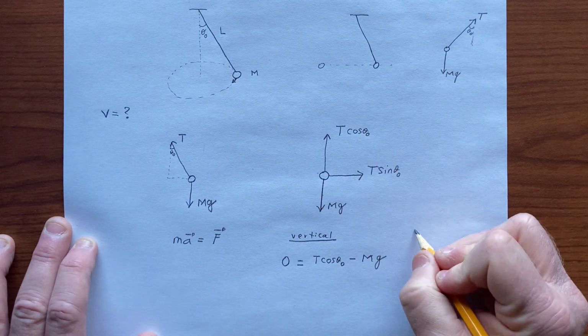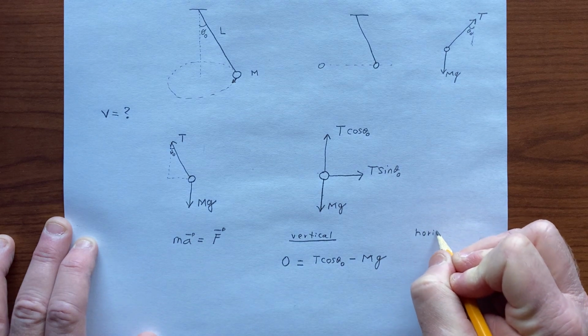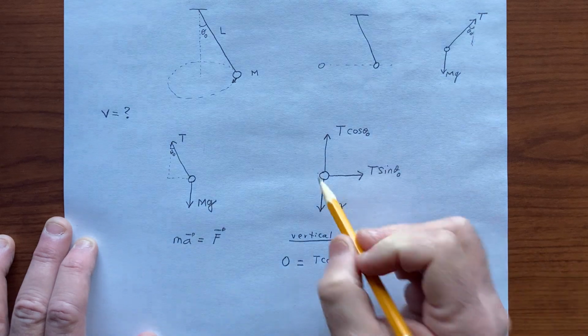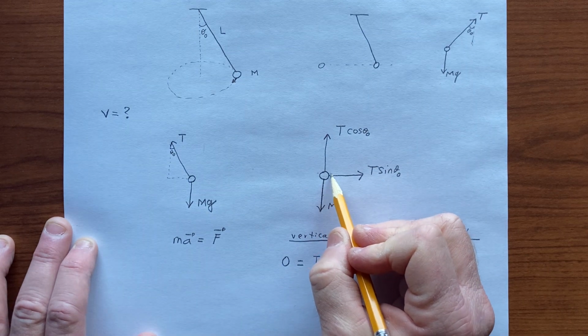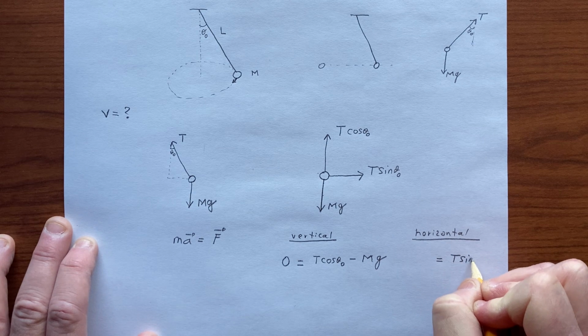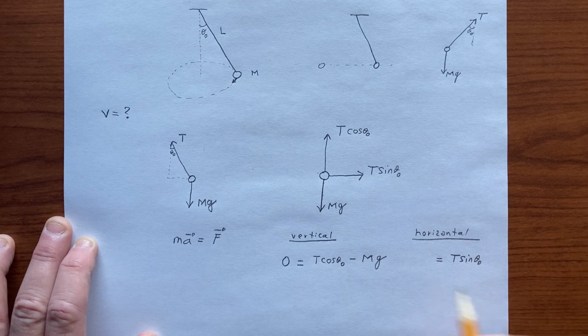And then in the horizontal direction, we see that we have one force, T sine of theta naught. So clearly the acceleration in the horizontal direction here cannot be 0.